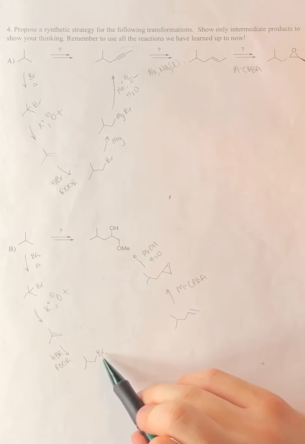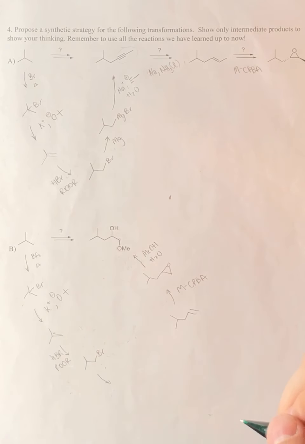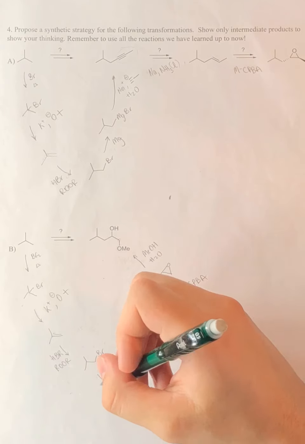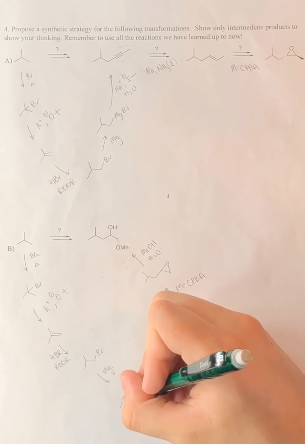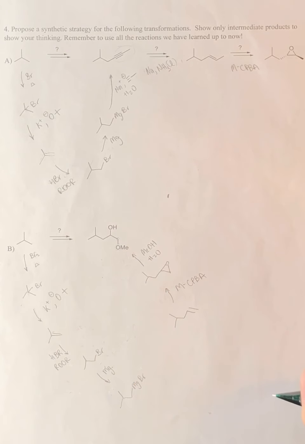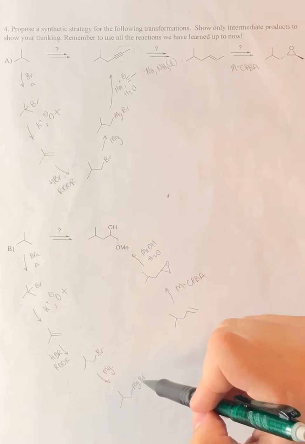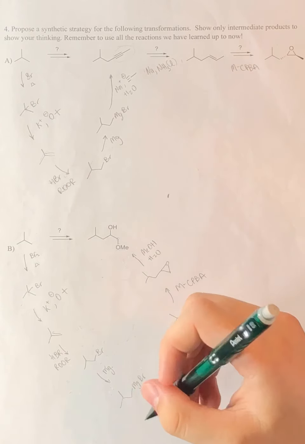Now we want to take this intermediate to this product, or to this intermediate. So to do so, once again, we're going to follow the Grignard reagent method. So we're going to add magnesium, which would give us this intermediate. And we can use an alkyne again and reduce it into this alkene.